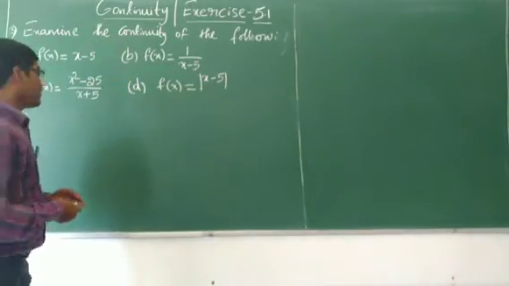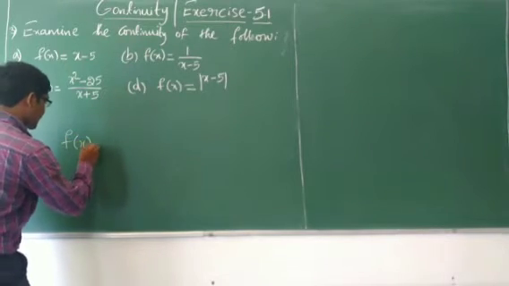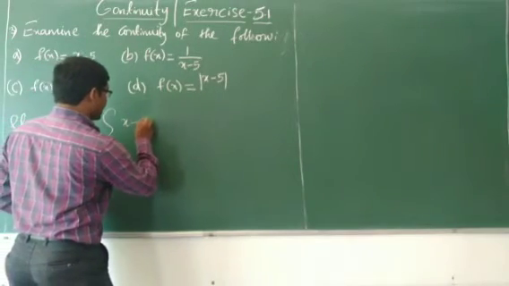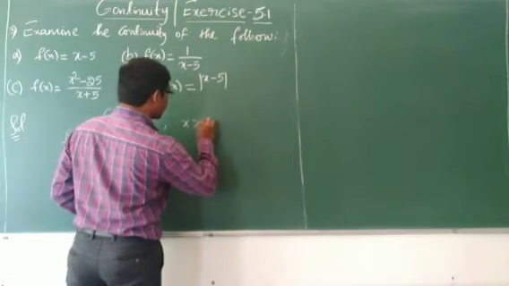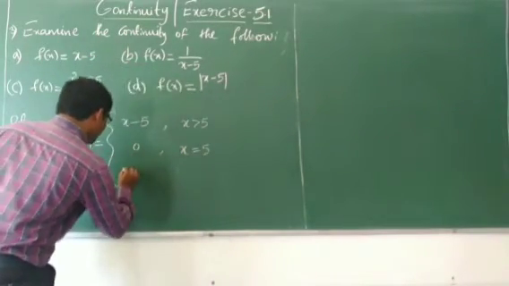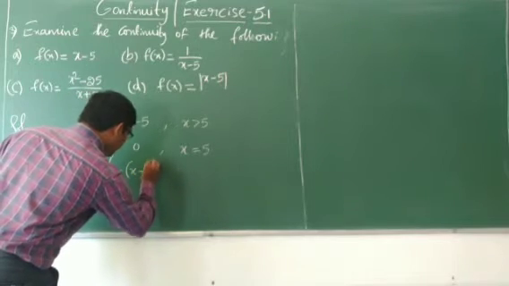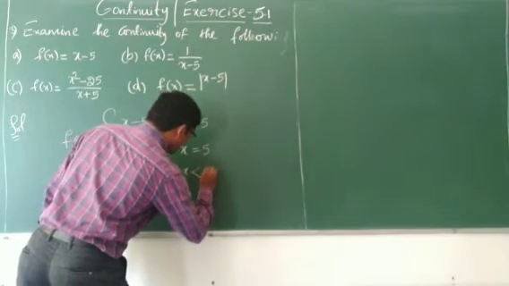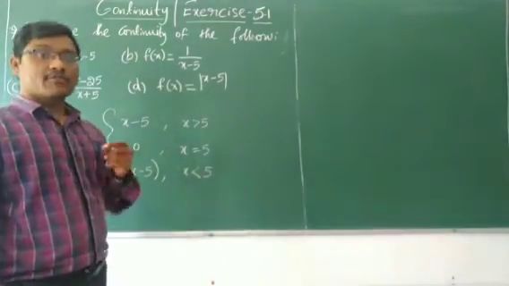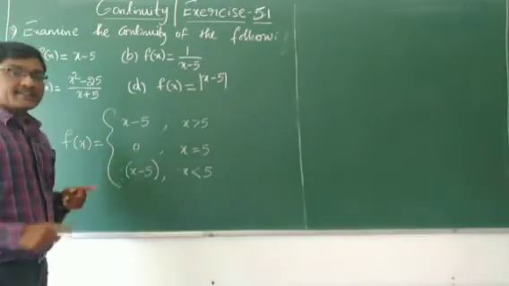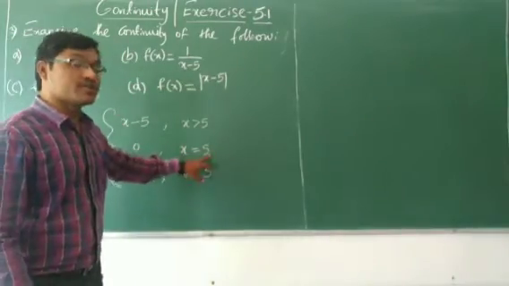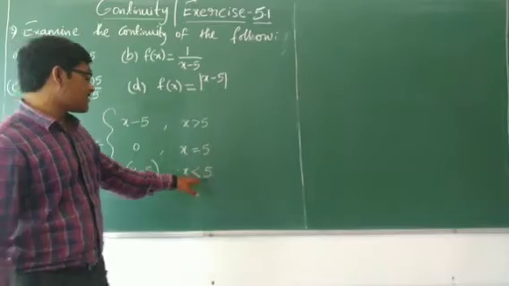How do we split it? f of x is equal to x minus 5 if x is greater than 5, 0 if x is equal to 5, minus of x minus 5 if x is less than 5. If you remember the definition of modulus function, for mod x we write x if x is greater than 0, 0 if x is equal to 0, minus x if x is less than 0.